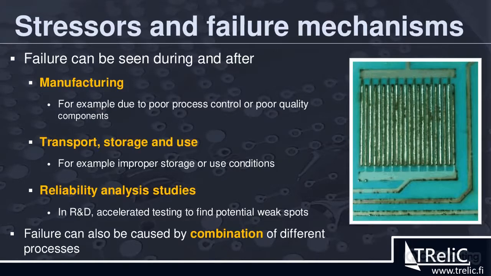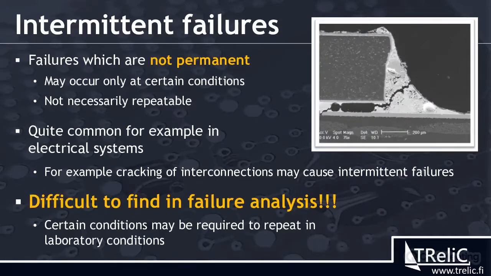For example, in manufacturing, we have a reflow cycle, which means high temperature. This causes micro cracks in the structure, which we do not see immediately, but after certain, for example, transportation conditions, they can cause failure. So it's a combination of several things which causes the failures. And this, of course, makes it quite often difficult to determine the actual cause of a failure.